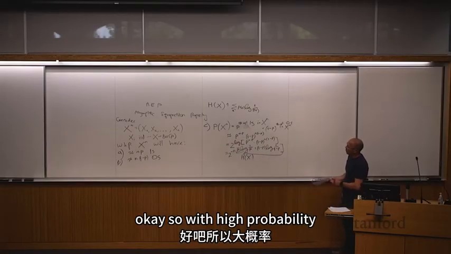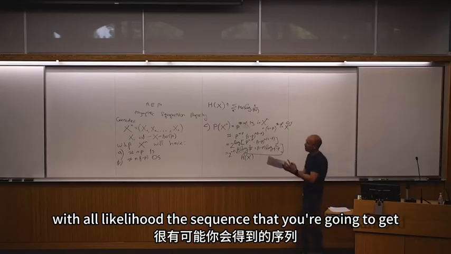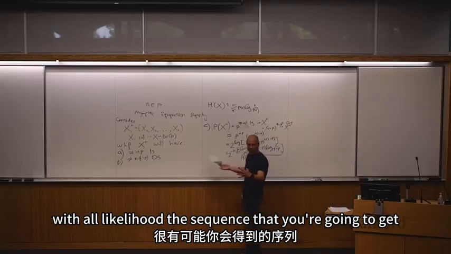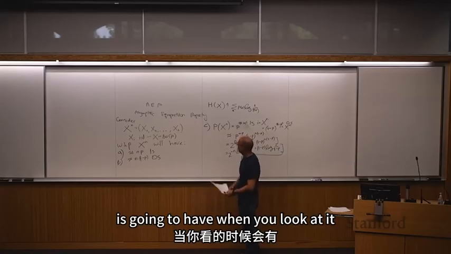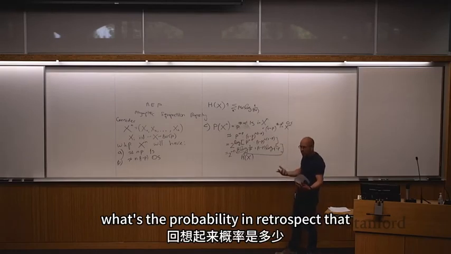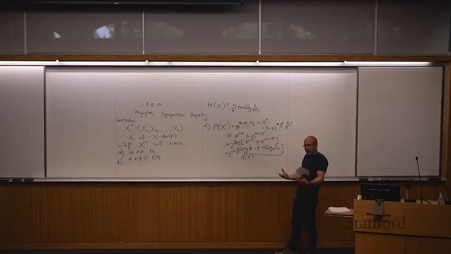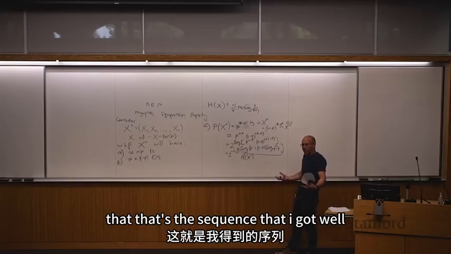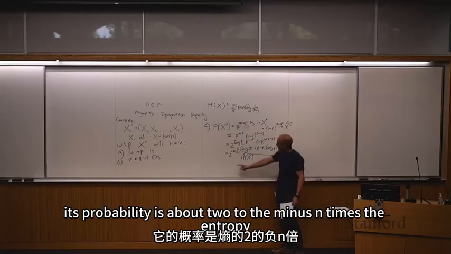With high probability, the sequence that you're going to get, when you ask in retrospect what the probability is of the sequence that you got, well, its probability is about 2 to the minus n times the entropy.